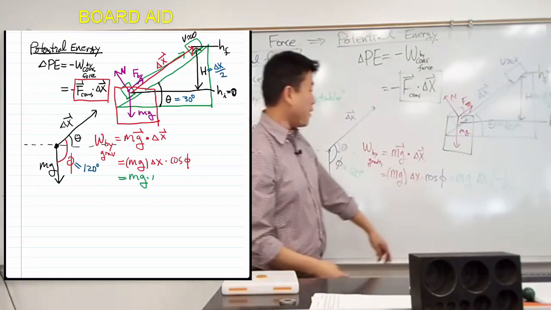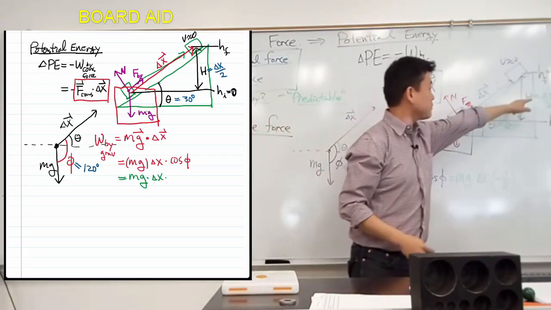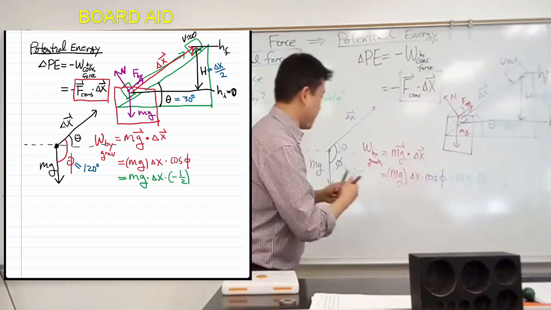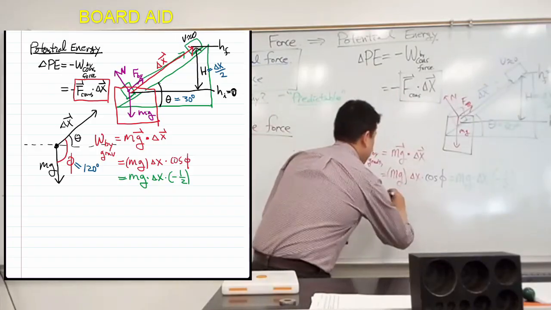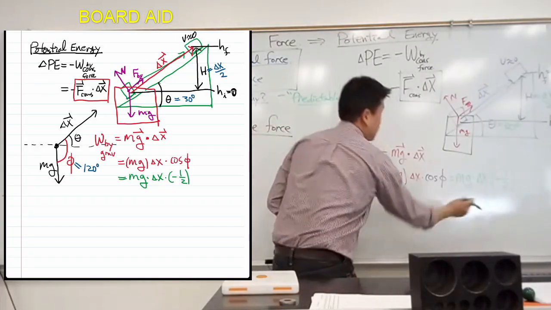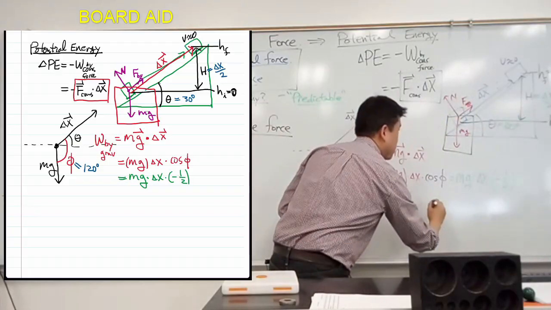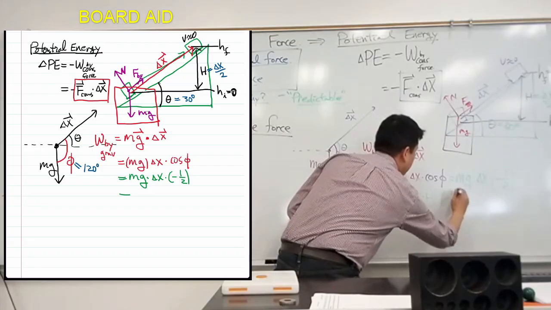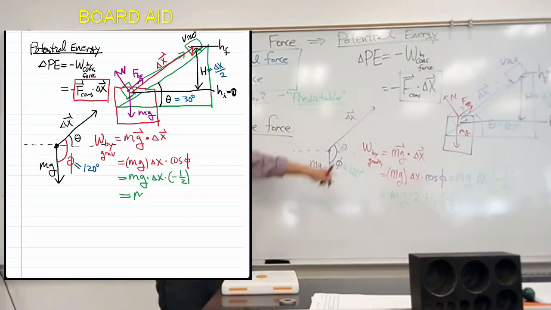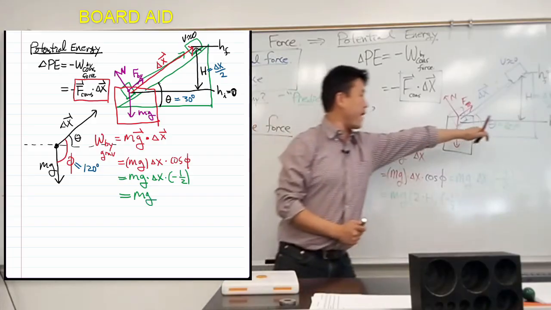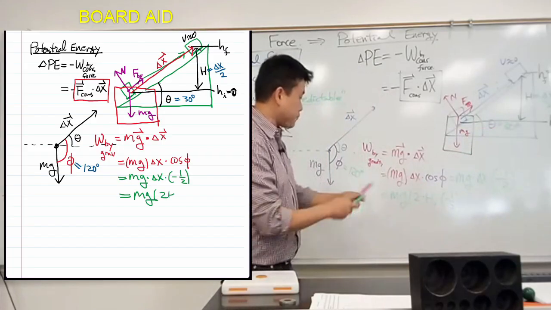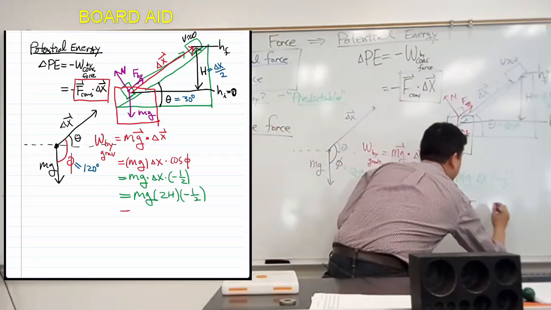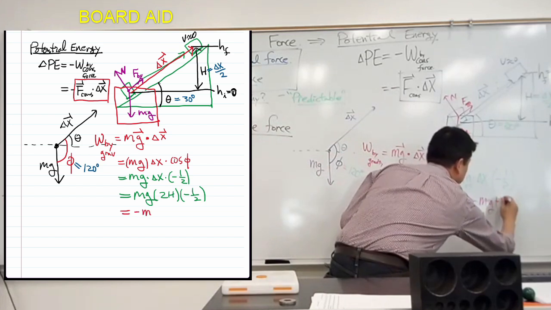And let me plug in what delta x is in terms of height h: delta x is 2h. So it'll be mg times 2 times the height times minus 1/2. So for this particular angle, the work done by gravity in this situation is equal to minus mgh.